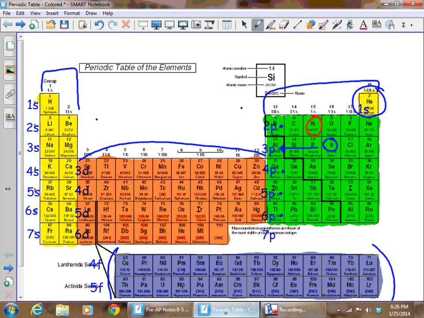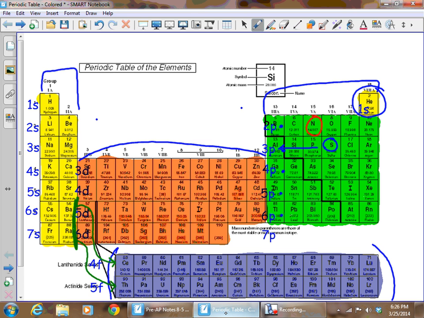In order to do this, you're going to simply start reading from the top, left to right. Make sure when you get to the bottom of the chart, you're just going to have to trust me on this, that right here we are going to draw little arrows down from the 6s down to the 4f here, and from the 7s down to the 5f.